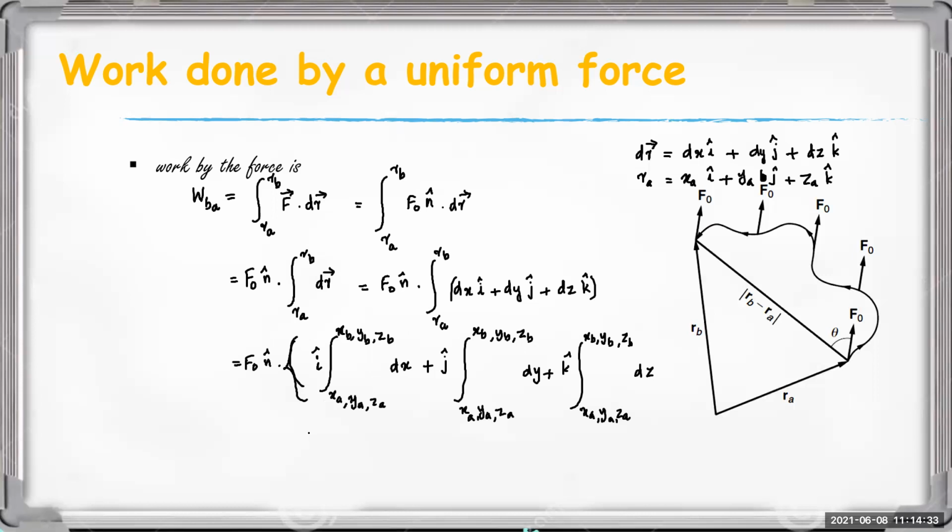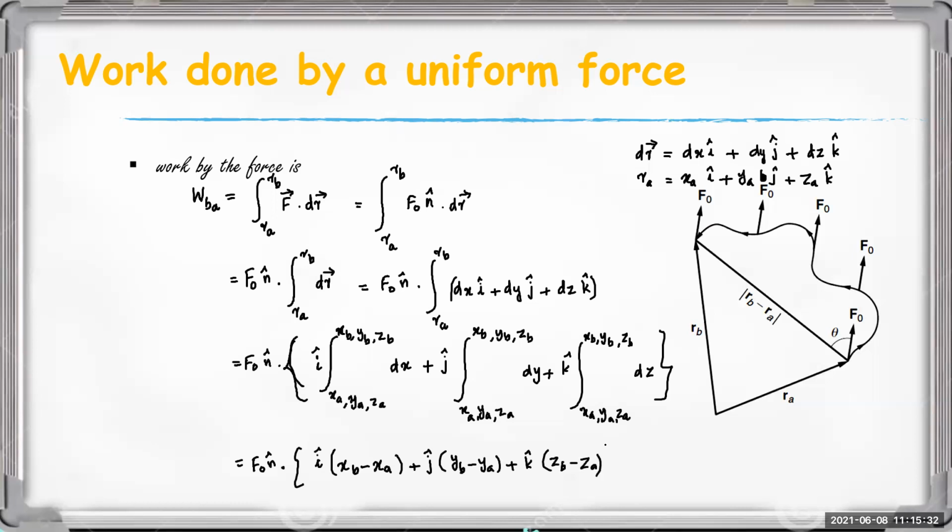Okay, then after integration we will get F0 n cap dot i cap into the upper limit XB minus the lower limit XA, plus j into YB minus YA plus k into ZB minus ZA.